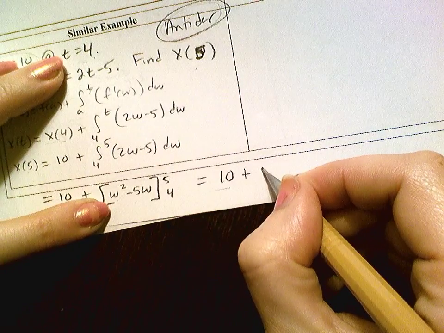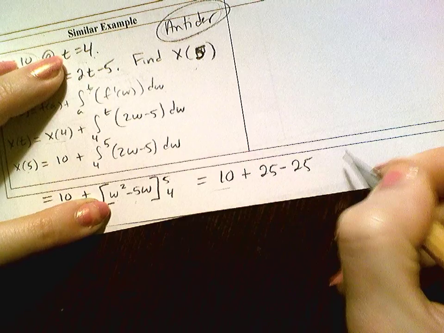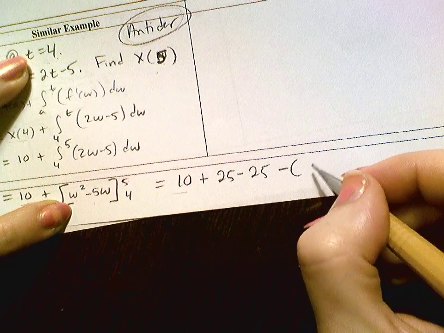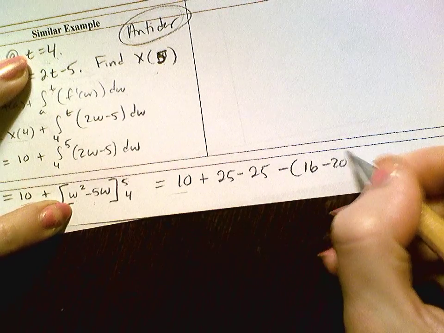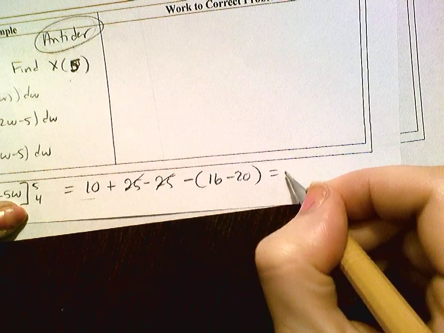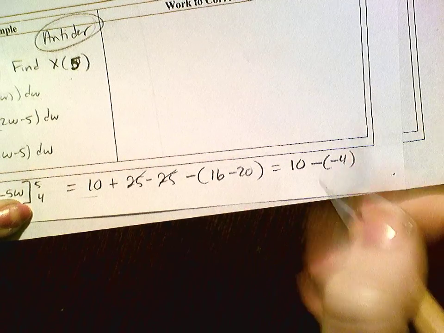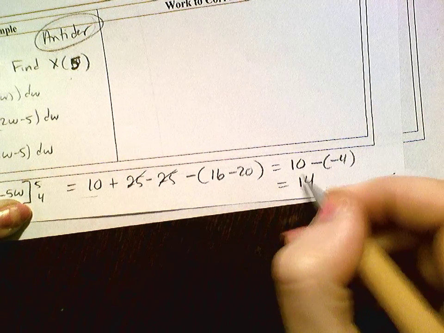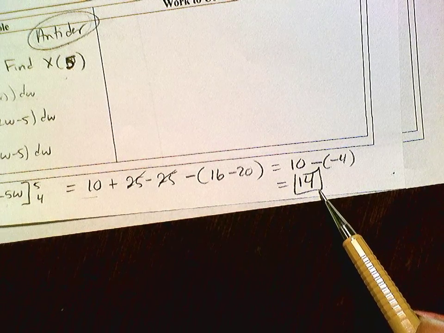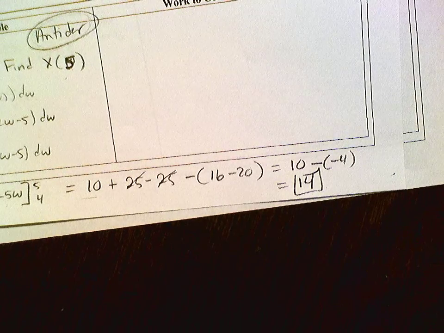So that's 25. Oh, that's nice. 25 minus 25, minus, now 4 goes in. 16 minus 20. So these are actually canceling. And I get 10 minus negative 4. Okay, so this is the position of the particle at t equals 5.